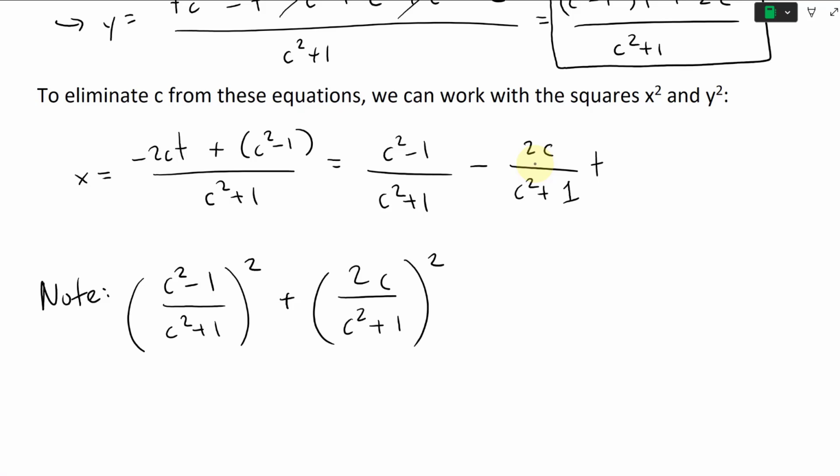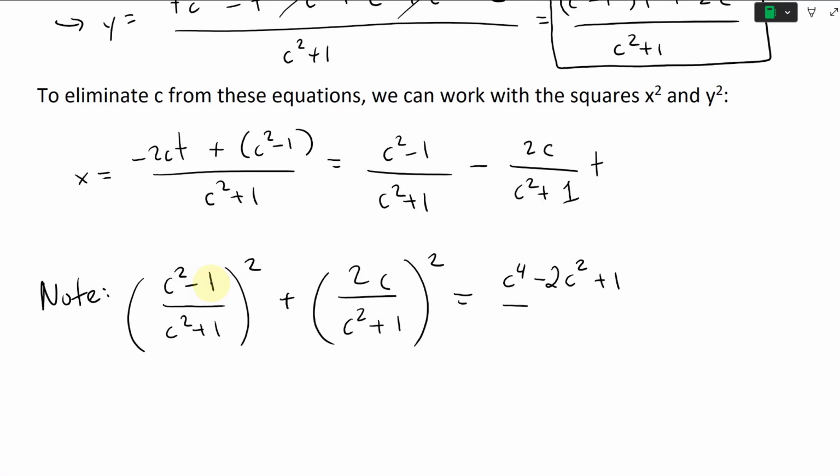So if we multiply the top part, c squared minus 1 squared, that's c squared times c squared, c to the 4, then c squared times negative 1, negative c squared, and negative 1 times c squared, another negative c squared, so negative 2c squared, and then negative 1 times negative 1 is plus 1.